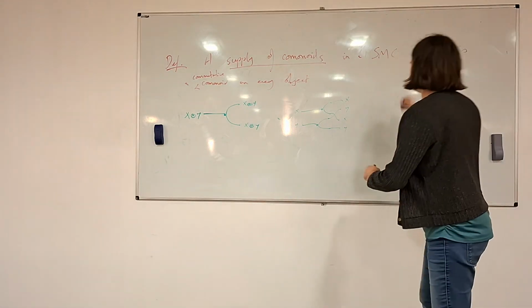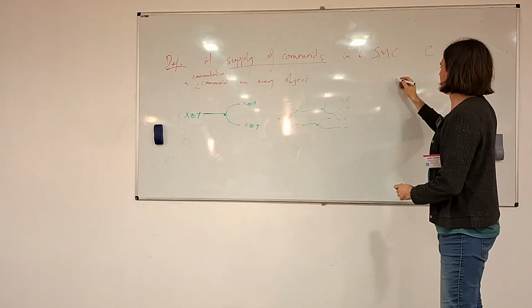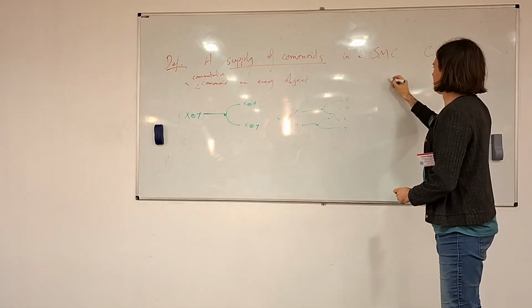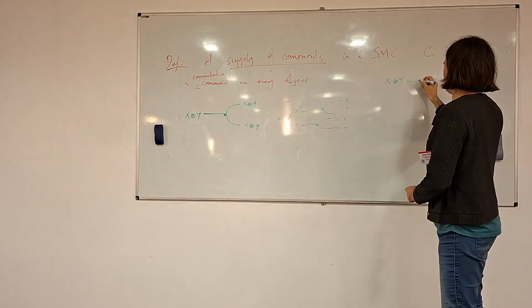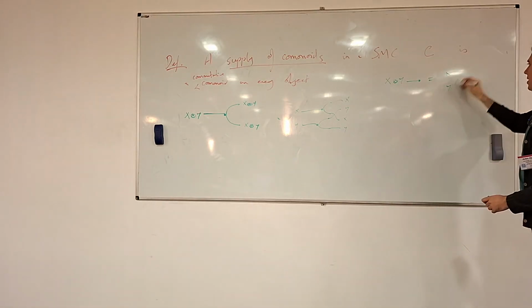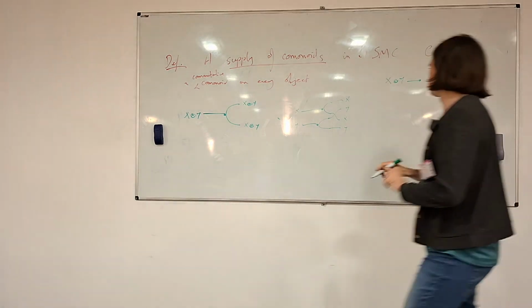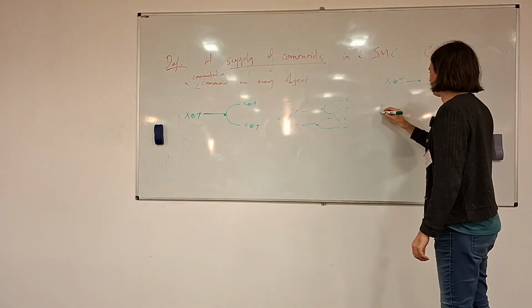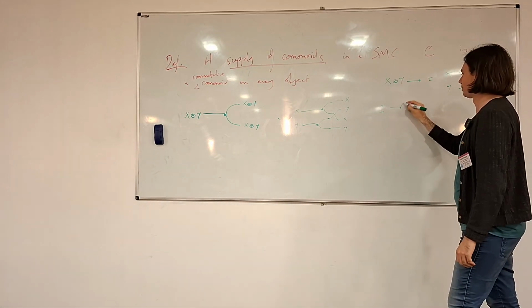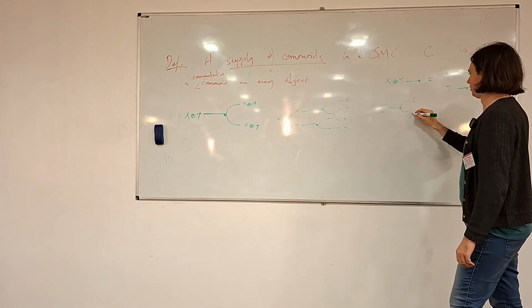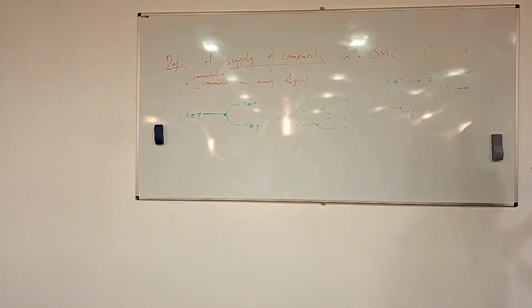And there are some other equations. If I delete x tensor y, that had better be the same as deleting x and deleting y. If I copy the monoidal unit, that should be the same as the diagram I've drawn here.